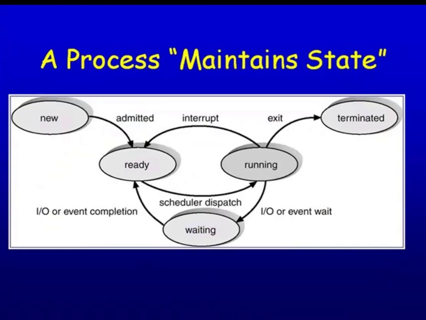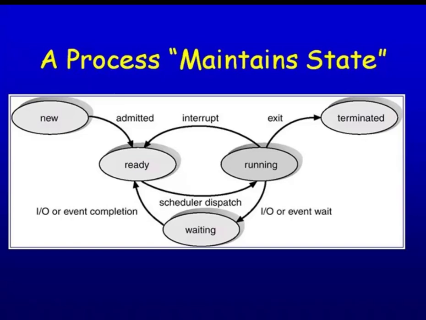So here we see the states that processes can be in. Remember, the process is under the control of the operating system, and the operating system will move the process into a variety of states. So it's admitted into the system. A new process arrives, it's now ready for execution, but so may be a number of other processes. So until the scheduler hands off the CPU to the process, it's not running.